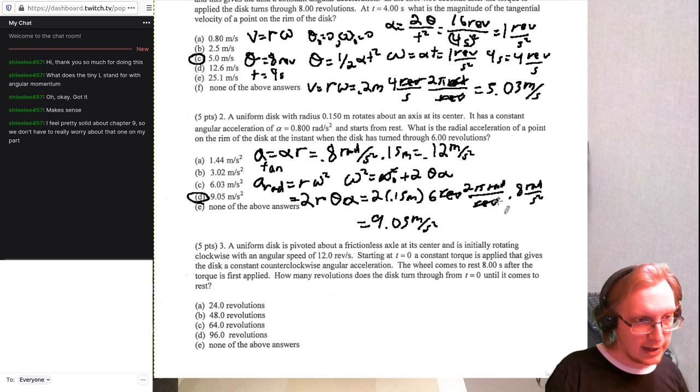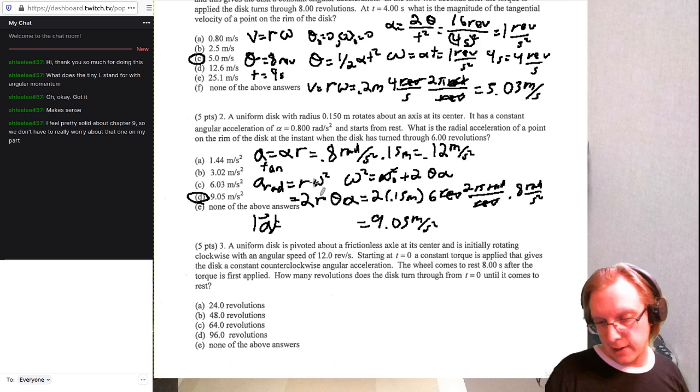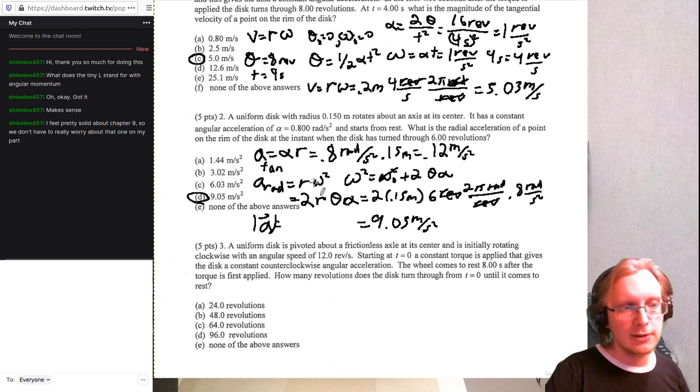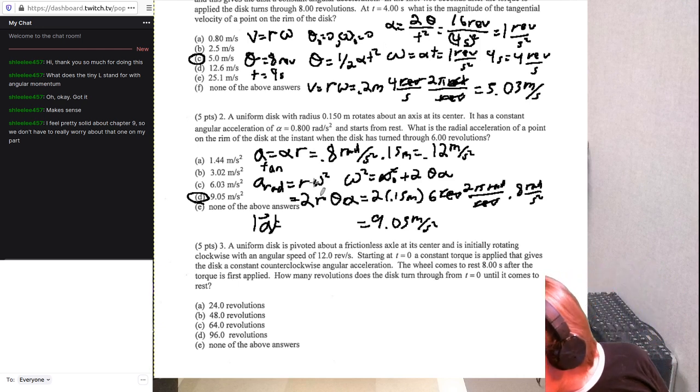In principle, it could have asked what the magnitude of a was. Then you have to have both of these here, and then you can do the Pythagorean theorem on that: 9.05 squared plus 0.12 squared, square rooted. That doesn't sound right.